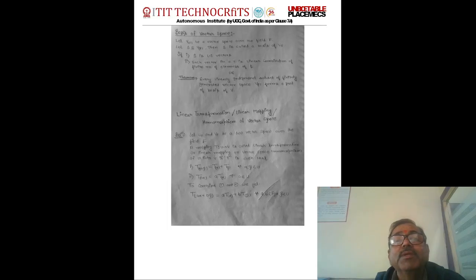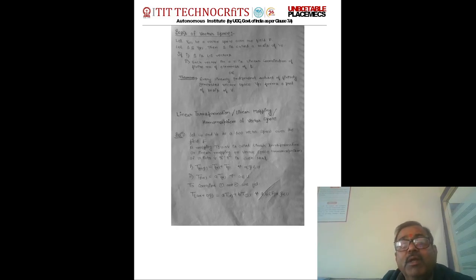Then S is called a basis of V(F) if S is linearly independent and each vector of V is a linear combination of a finite number of elements of S. Here we note the theorem: every linearly independent subset of a finitely generated vector space V(F) forms a basis of V. So that is the definition of a basis of a vector space.